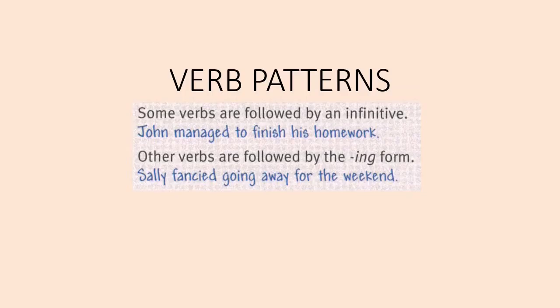And now we turn our attention to verb patterns. Some verbs are followed by an infinitive, and other verbs are followed by the gerund or the ing form. So, for example, John managed to finish his homework, but on the other hand, Sally fancied going away for the weekend.